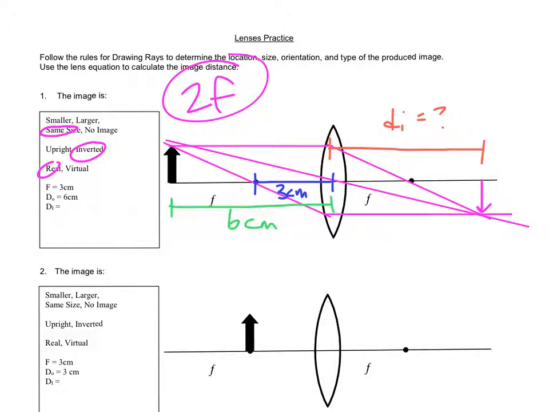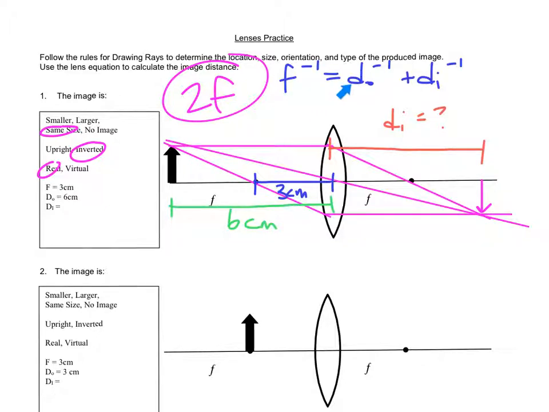So if I wanted to use my lens maker equation, I can solve for DI. That equation will look like the inverse of F is equal to the inverse of the object distance plus the inverse of the image distance. So if I want to get DI by itself, I'm going to move the positive DO to the opposite side.